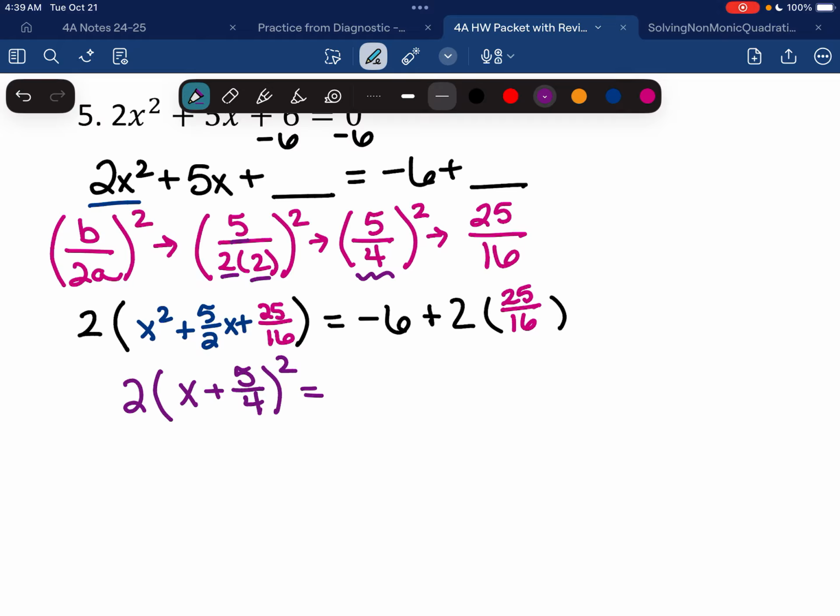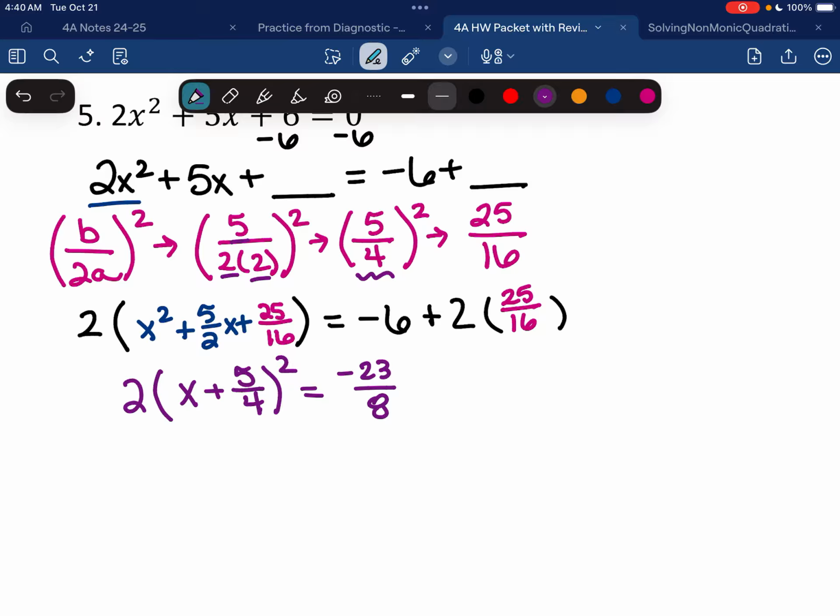So if you look at that up here, that's 5 halves divided by 2, times 2, equals, and I'm going to throw the negative 6 plus values in my calculator. Which will take just a second. And I'm going to get negative 23 over 8.